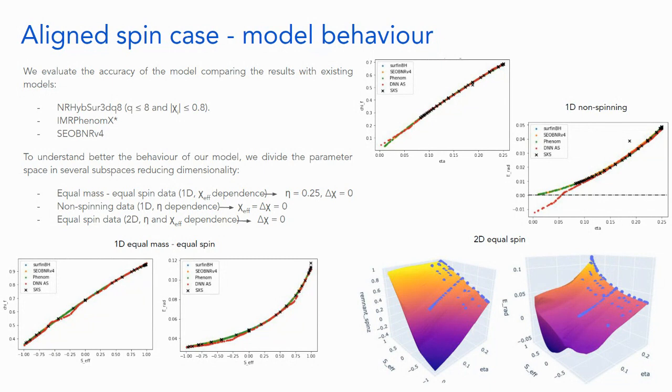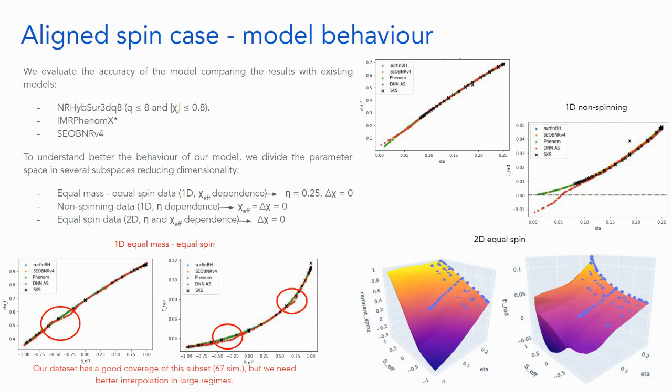First of all, we collect all the data for the equal mass, equal spin case. I don't know if you can appreciate the colors, but the red one is our deep neural network, the black dots are the NR simulations that we use to train the model, and the other curves are the current models that we are comparing to.